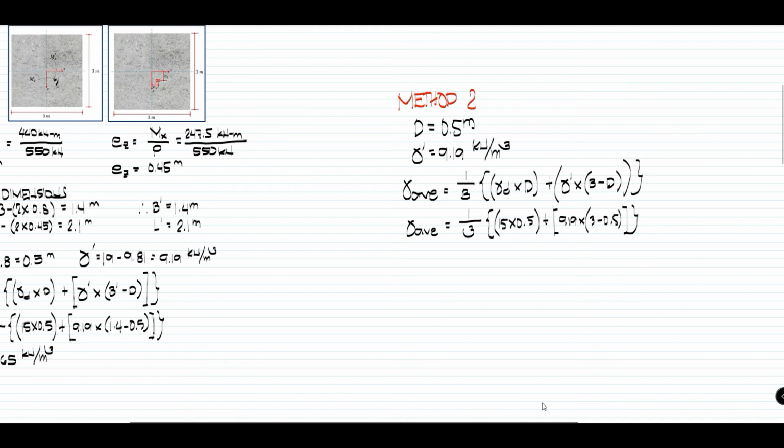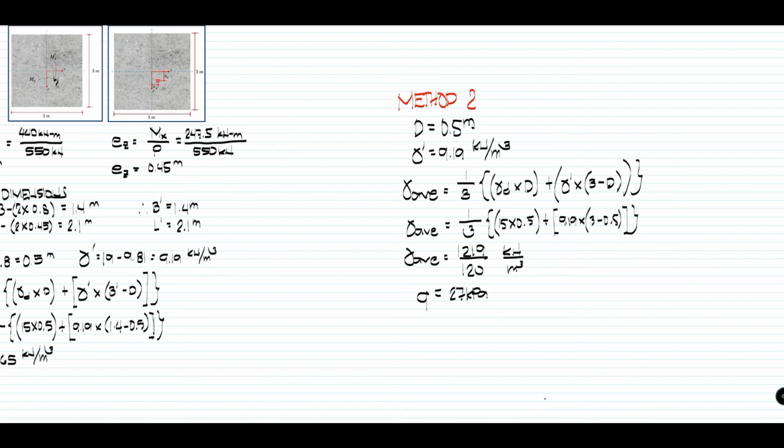So to calculate the gamma average, we just have 1219 over 120 kilonewton per cubic meter. So, ayan yung isa sa nagbago. Overburden pressure, hindi yan magbabago. That will just be Q, which is 27 kilopascals.